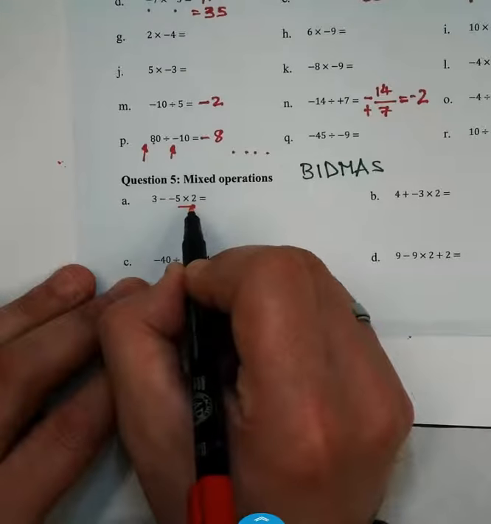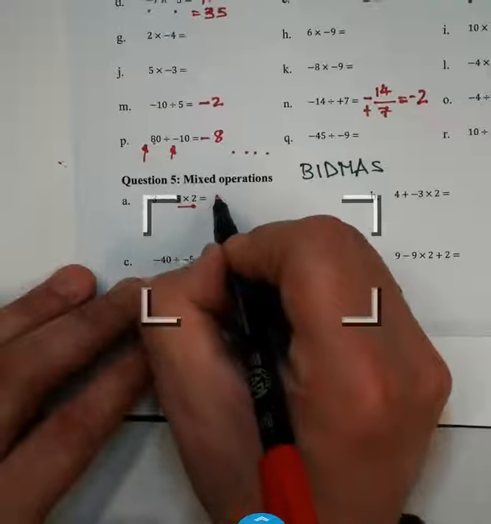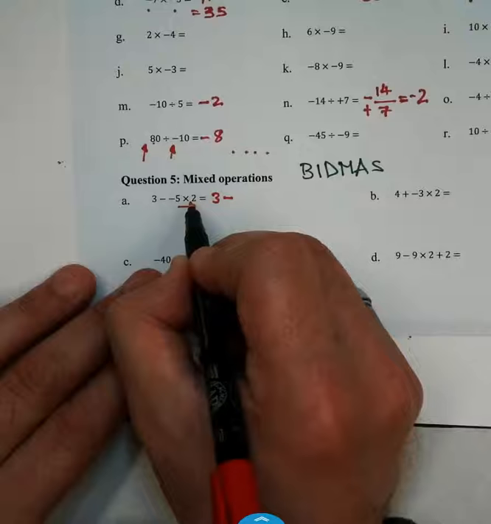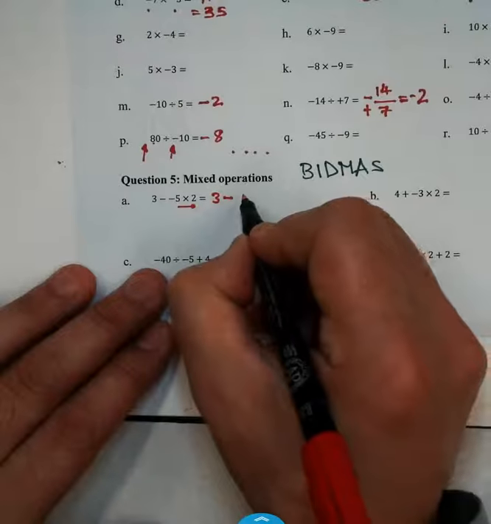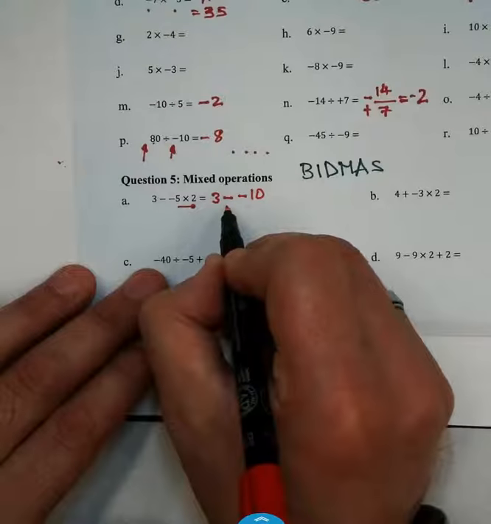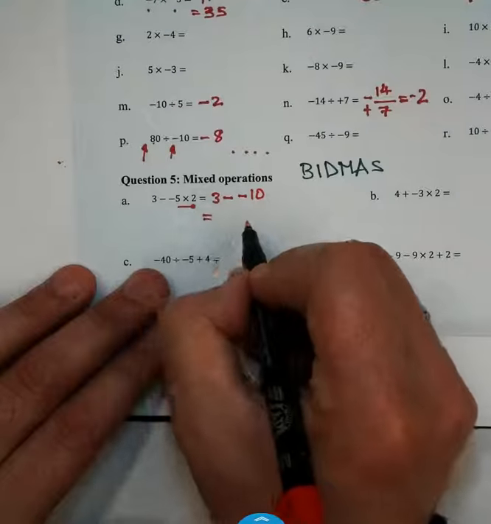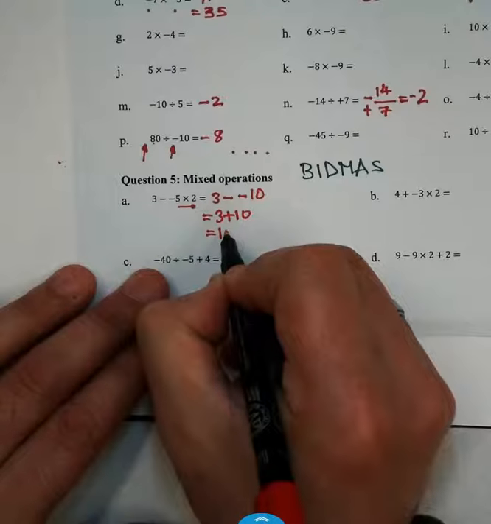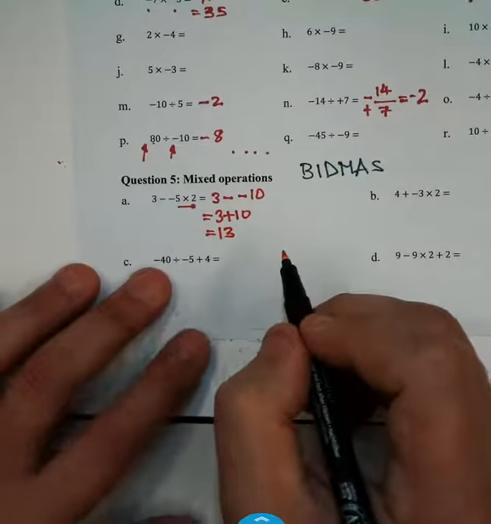So we need to do the multiplication first. So we'll say 3 minus, so minus 5 times minus 2, that will equal 10, but minus 10. Now, minus and a minus is a plus, remember, opposites. So 3 plus 10, which equals plus 13.